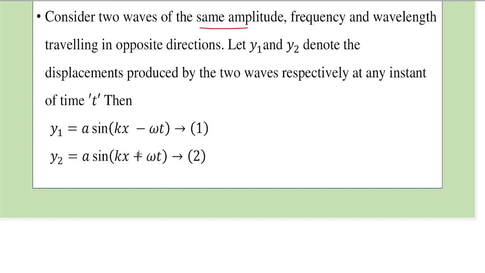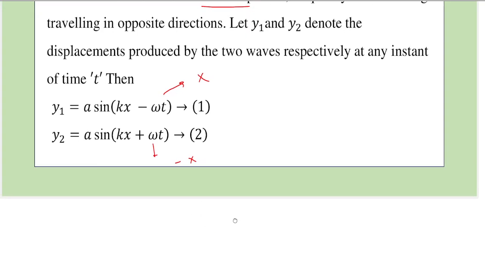One wave is of the form sine of kx minus omega t. This wave travels along the positive x direction, and there is one wave of the form sine of kx plus omega t, and this wave travels along the negative x direction.